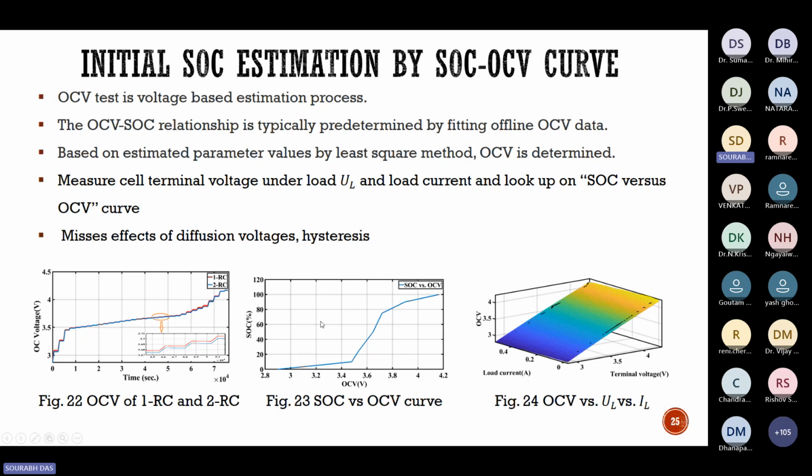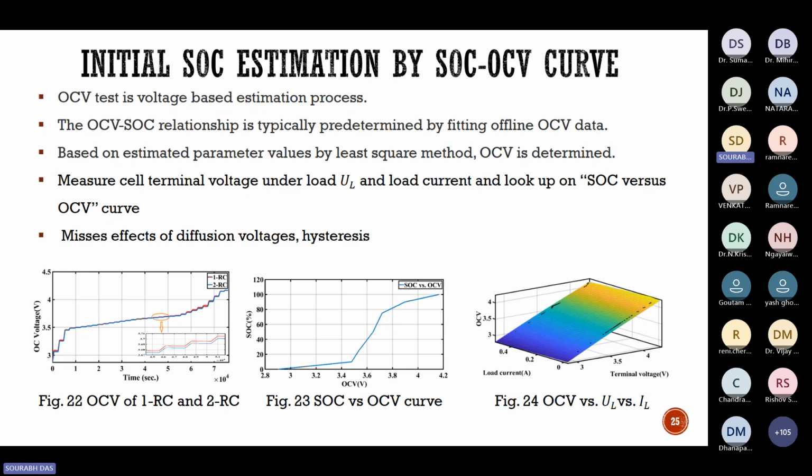Figure 24 is a 3D plot between OCV, load current, and terminal voltage, and we can directly estimate the OCV using this polynomial equation.